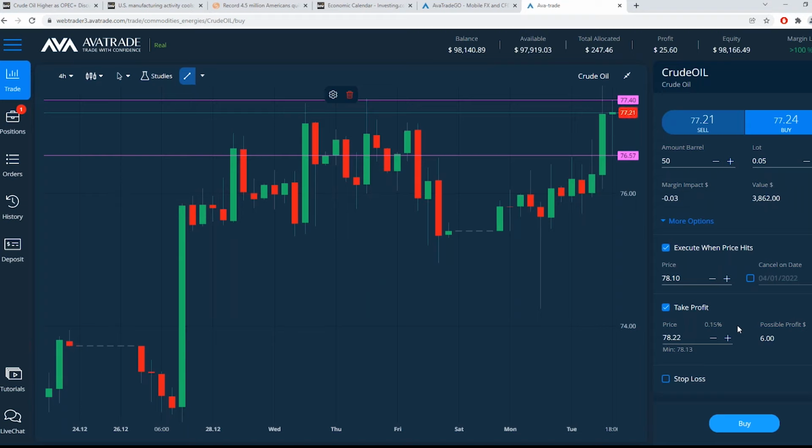Okay. So the take profit, we saw there was resistance up around 79. So if we put 79 as a take profit, and my stop loss doesn't have to be far away, it only needs to be back down below the resistance, let's say at 77.2, where the price is now.